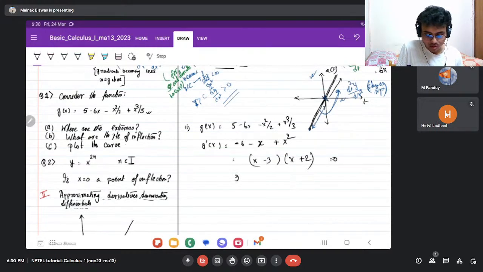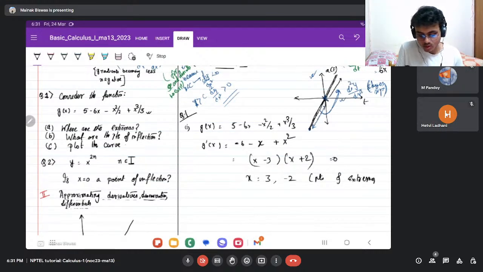So x is equal to 3 comma minus 2 are the points of extremas, right? We're just warming up for the next few tougher questions. So x is equal to 3 comma minus 2 are your extremas.